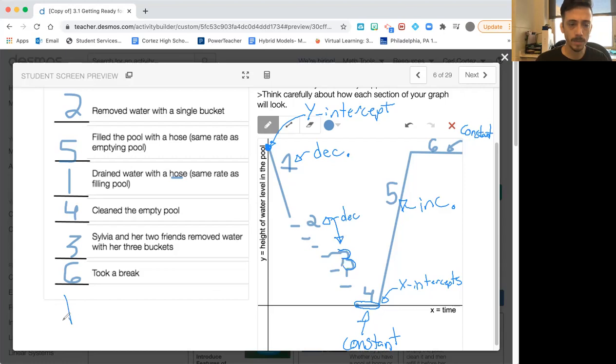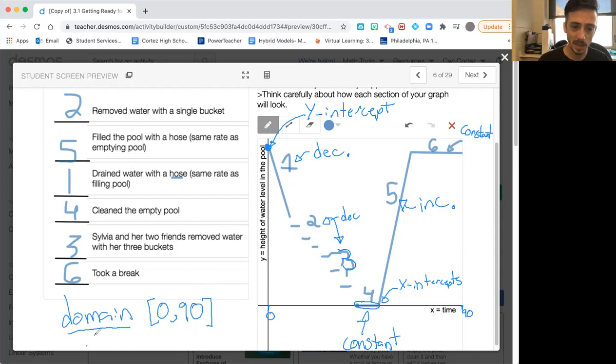For the domain, I'm going to say that this is probably 0 minutes. And maybe way out here, this is 90 minutes. Of course, you could change it up, but I'm going to say in this case, it's from 0 to 90. And for the range, this deals with y.